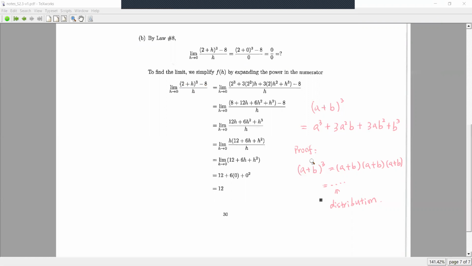Write the left-hand side, a plus b to the third, as a plus b times a plus b times a plus b. Then expand these two products by distribution. Then combine the like terms. We will have the right-hand side here.